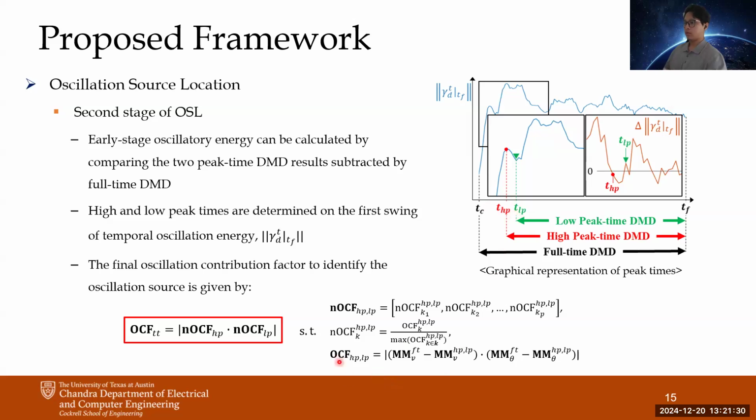Then we normalize these two factors into NOCF values, and the final oscillation contribution factor to find out the real oscillation source is called OCF-TT, and it is the multiplication of these two normalized vectors. So if some specific bus has the largest OCF-TT value, it means that this bus consistently contributes to the oscillation, especially in the early part of the oscillation, regardless of whether the total oscillatory energy decreases or increases.